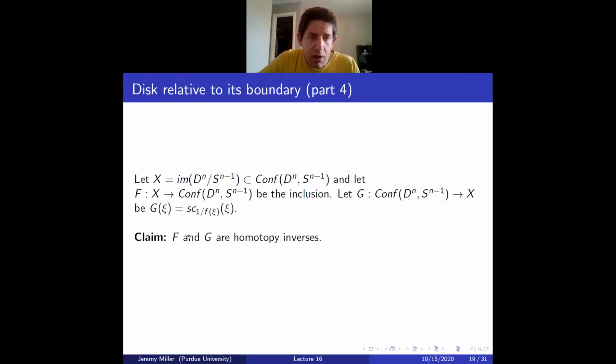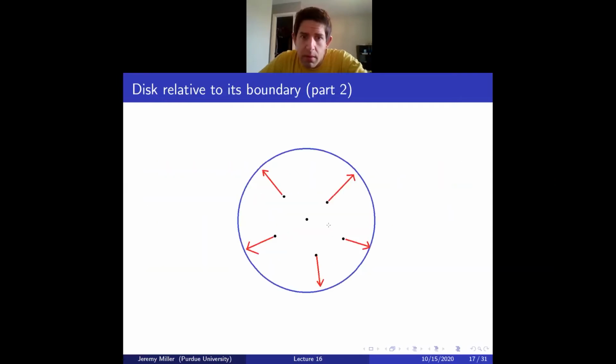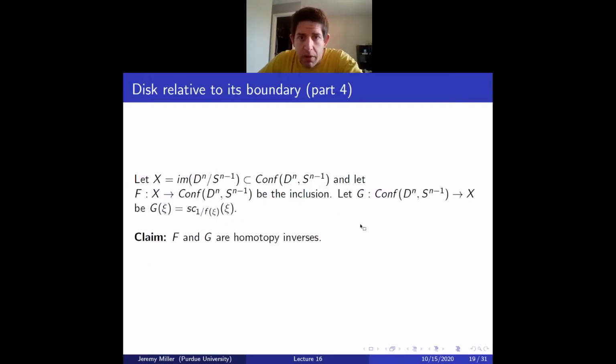And f and g are homotopy inverses. They don't exactly compose to the identity, but they compose to scaling, and then you can just unscale. So this is the idea of the proof. In pictures, you just push all but at most 1 point out to infinity, and then the points vanish. You need to do this in a continuous way. Any questions?